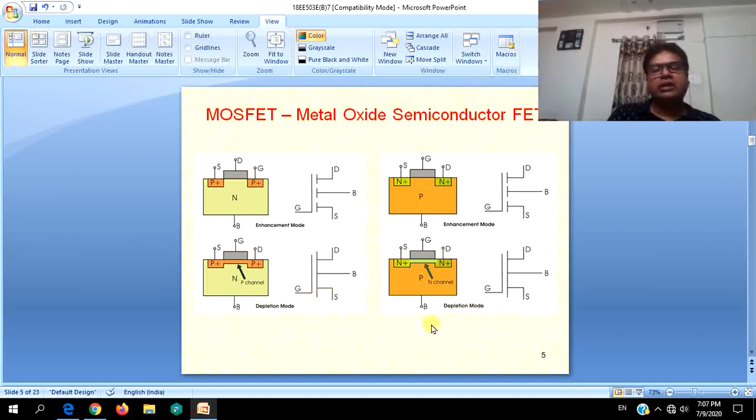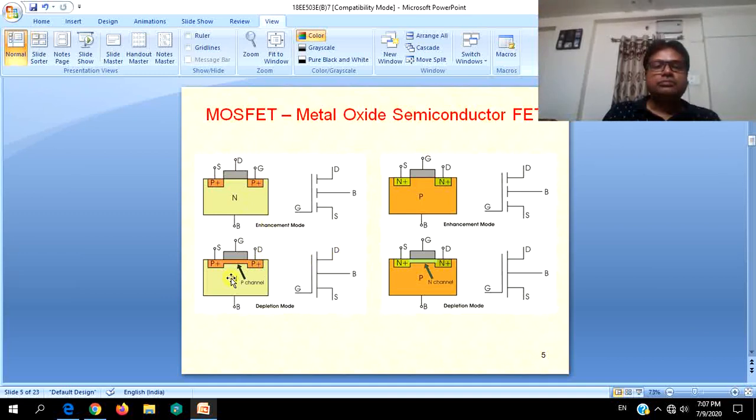Actually, it is insulated, so a capacitor sort of action will be there. As you go on increasing the gate voltage, the capacitor voltage will be built up. When it becomes equal to or more than the threshold voltage, they will conduct through the given channels, either N channel or P channel.